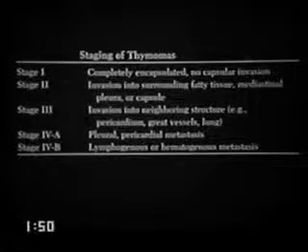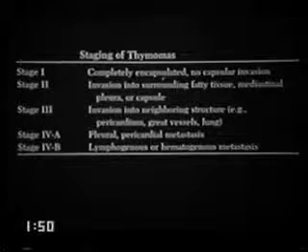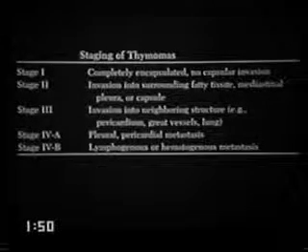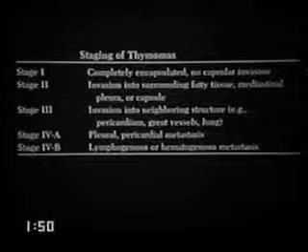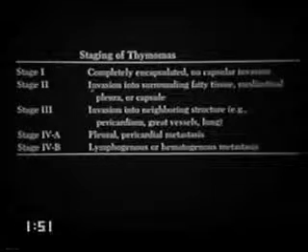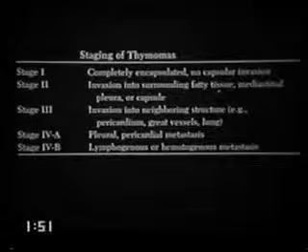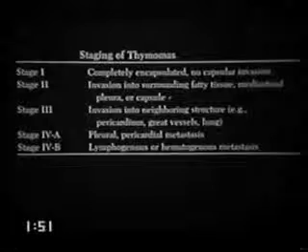Staging, Masaoka developed this staging system. Stage 1, completely encapsulated thymoma with no evidence of capsular invasion on microscopy. Stage 2, invasion into the surrounding fatty tissue at the time of surgery, or the mediastinal pleura, or the capsule on histology.